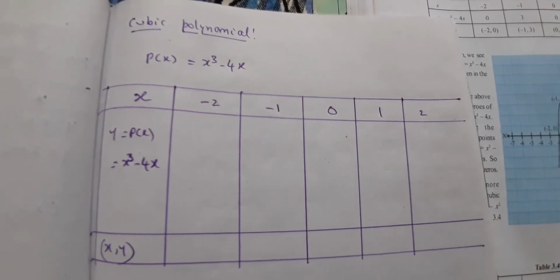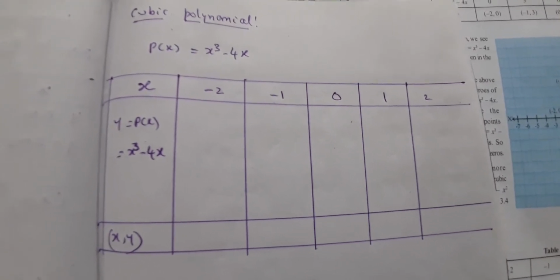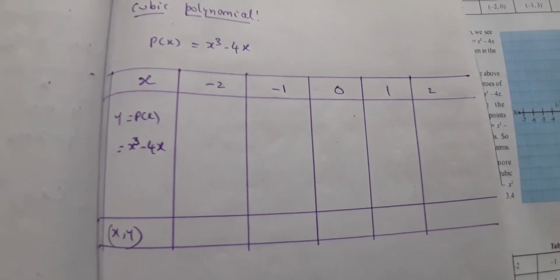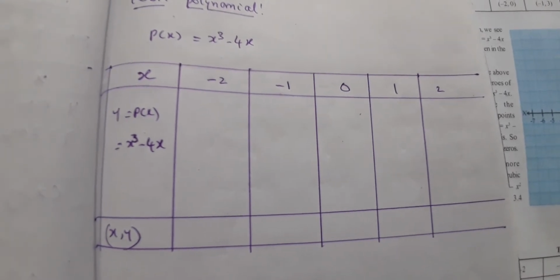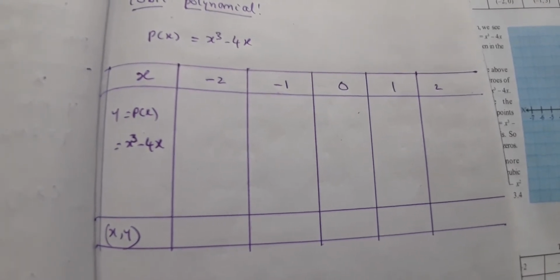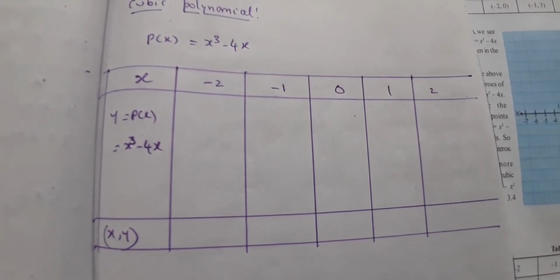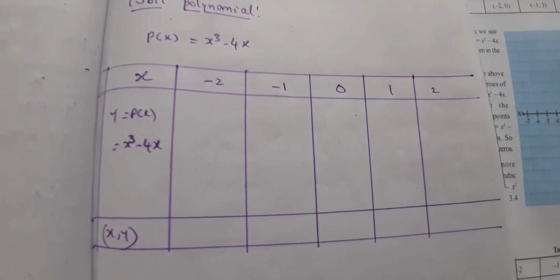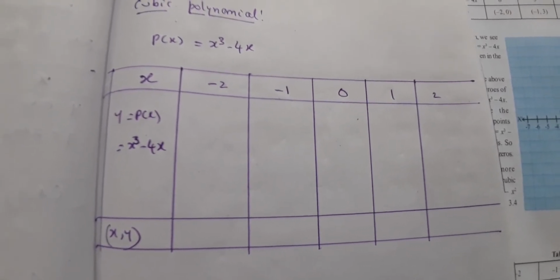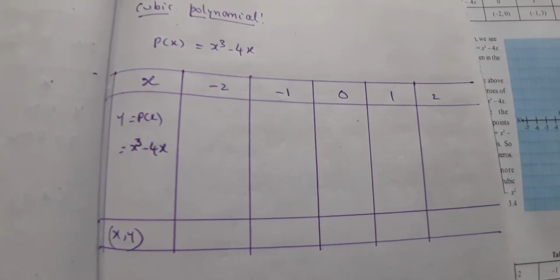Coming to the last part, we are taking a cubic polynomial. This one I am going to give you as homework. It's your job to find the p(x) values, that is y values, and then draw the table, fill the table, and after filling the table, plot the graph and then post it to me. Of course, I am going to show how the solution will be and how to find the zeros from the graph for the same case.